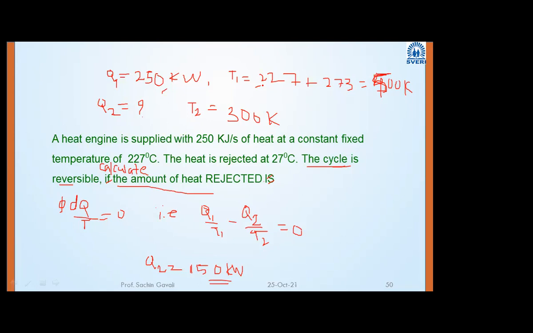Or that way also we can go, that is the Carnot heat engine efficiency, a function of only temperatures, equal to T1 minus T2 divided by T1, equal to Q1 minus Q2 divided by Q1. Here Q2 is unknown, while Q1, T1 and T2 we know.